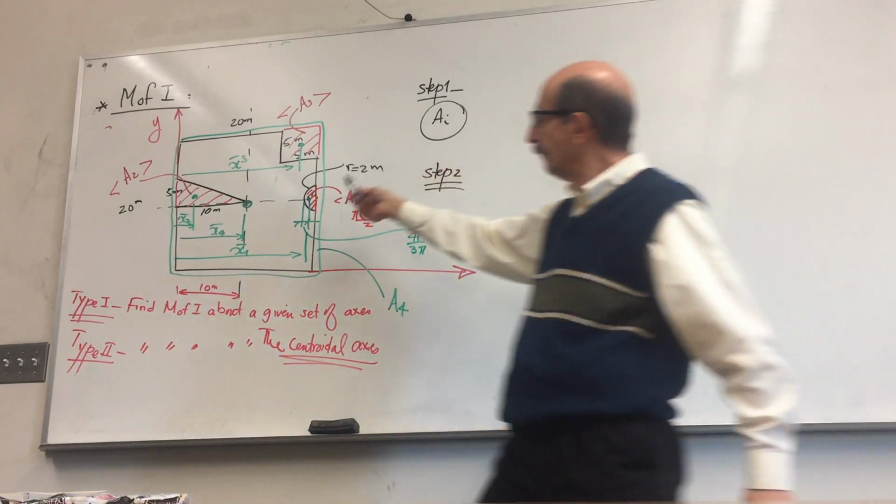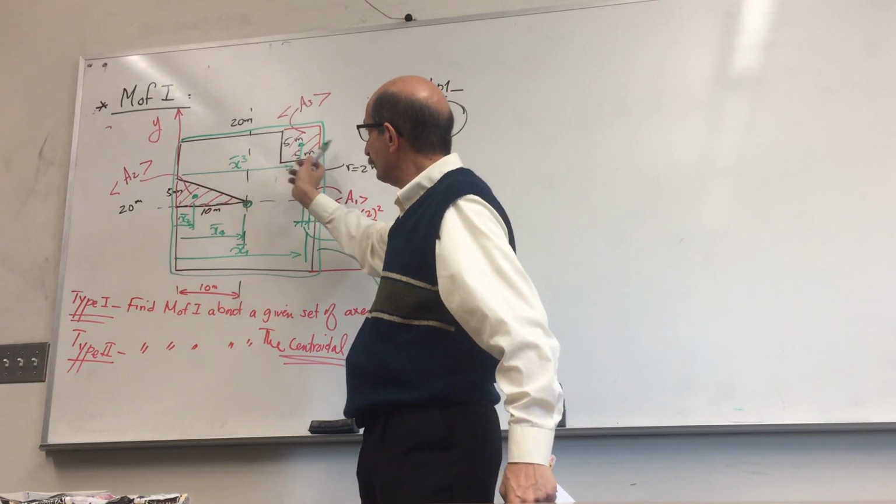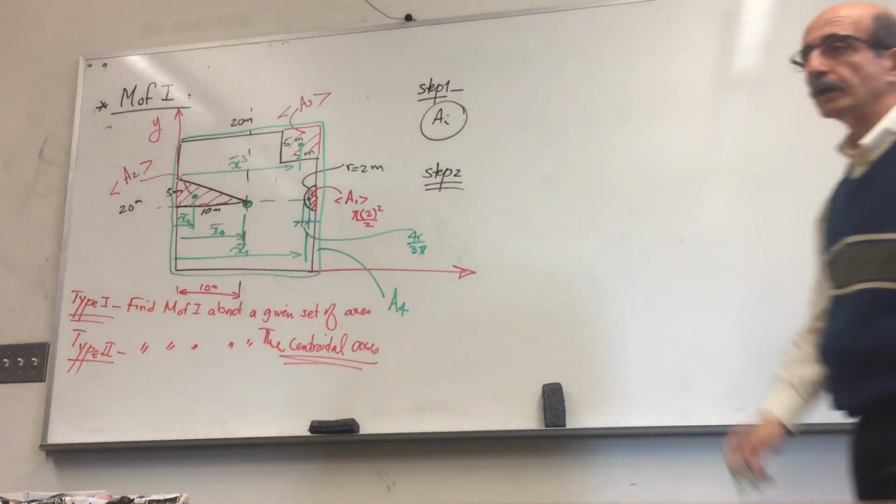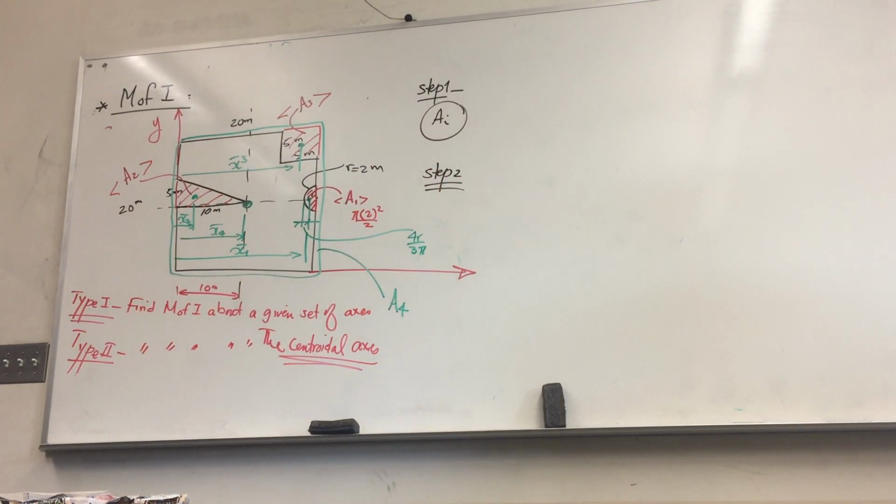So those are the values. You add those up, you have the total area, which is sigma Ai, and that will give you 343.7, given that those are negative.